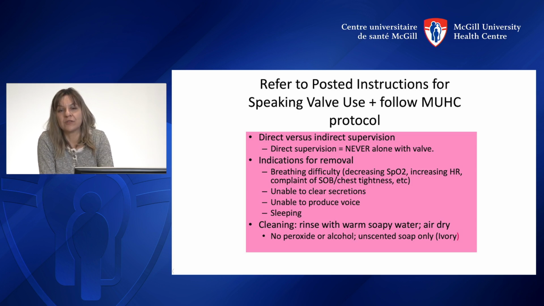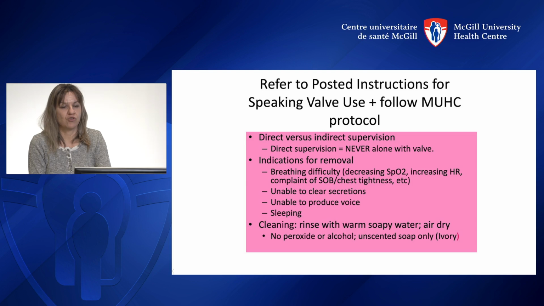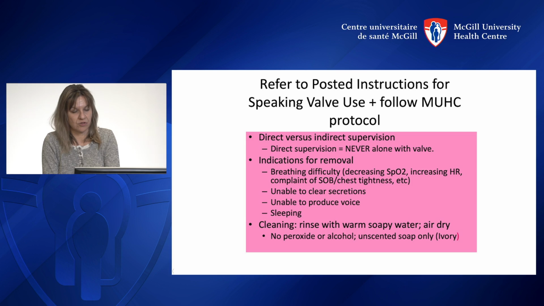We would recommend removing a speaking valve if the patient has a breathing difficulty, either their SpO2 decreases or their heart rate is increasing, or they even subjectively complain, I'm short of breath. If they are unable to clear their secretions, you might have to remove the valve and they will clear the secretions through the tracheostomy tube.